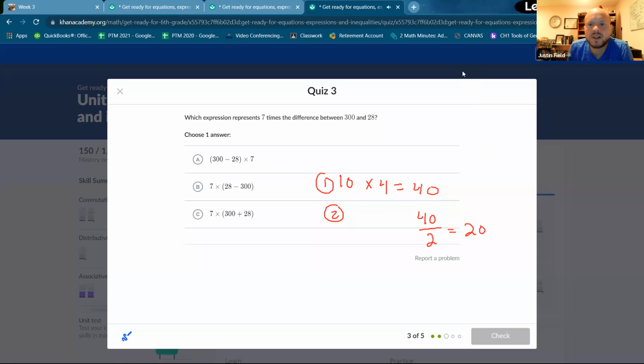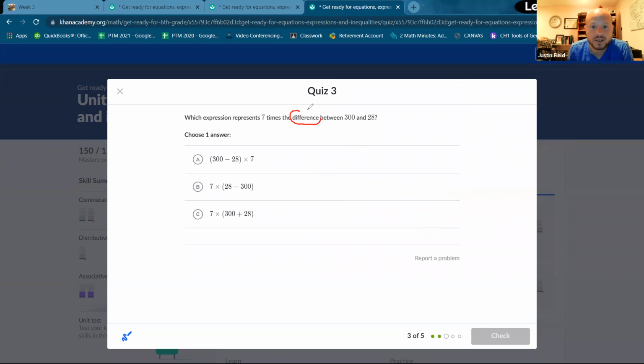All right. Which expression represents 7 times the difference between 32 and 8? So got to know our order of operations and our arithmetic words. So hopefully you know difference is subtraction, right? Times, of course, is multiplication, right?